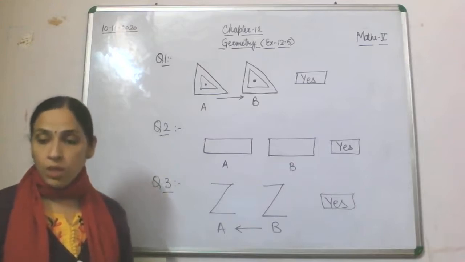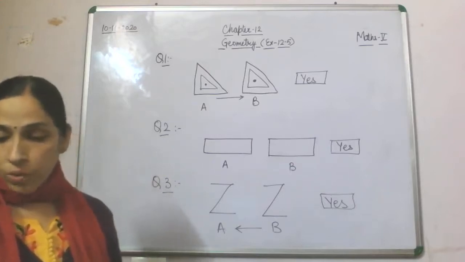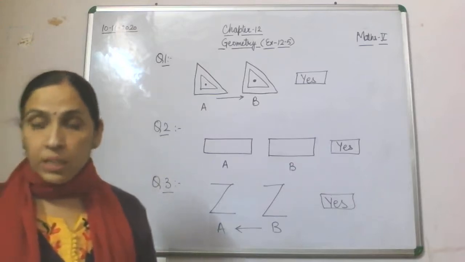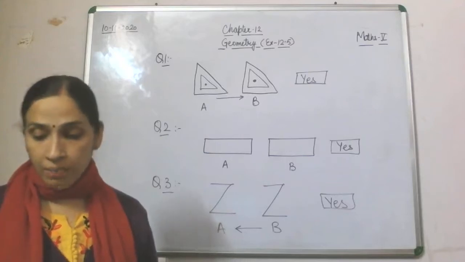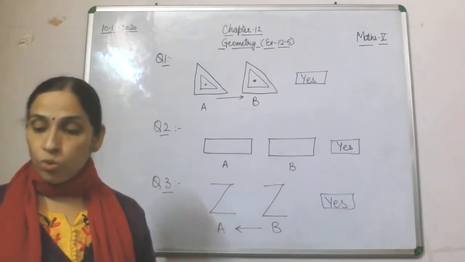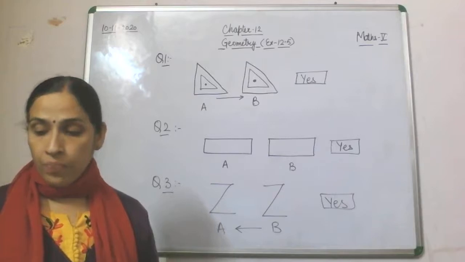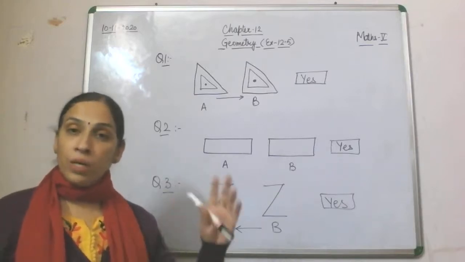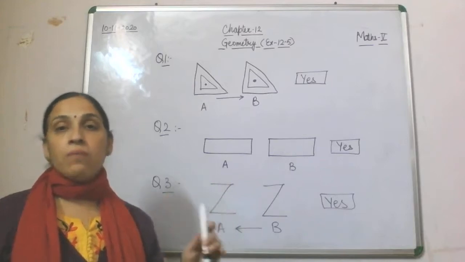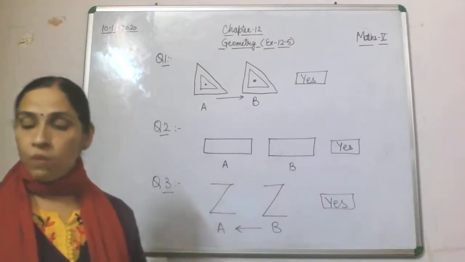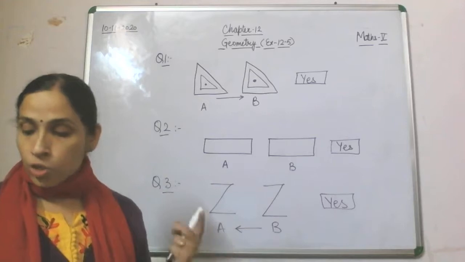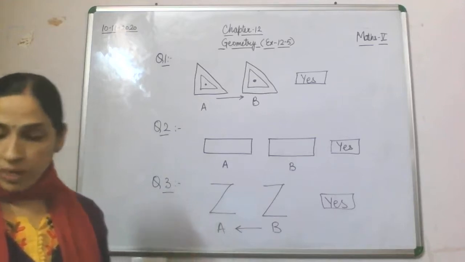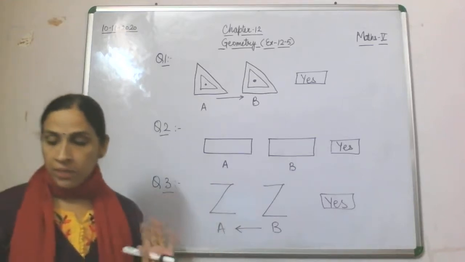So in question 4 you have been given a picture and you have to find out: is figure B the image of figure A when reflected through the line L? Now L is your mirror line, and when you keep any object in front of that mirror line, you will find just the opposite of that. So yes, that is opposite of that, that is your mirror line.